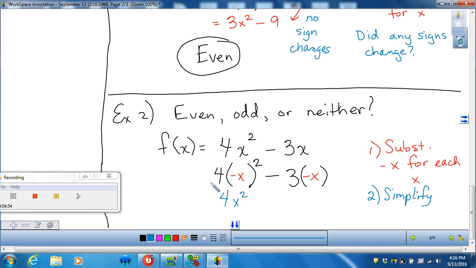By the way, the 4 does not get squared. The 4 is not inside the parentheses, so the 4 stays 4. Over here I have a minus 3 times a negative x. A negative times a negative becomes a positive, and that's a positive 3x.